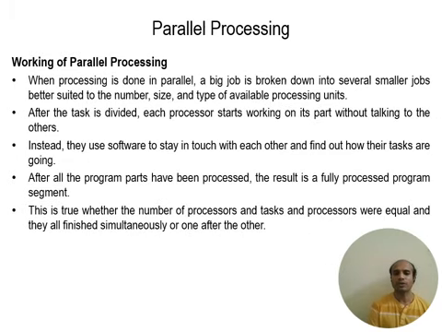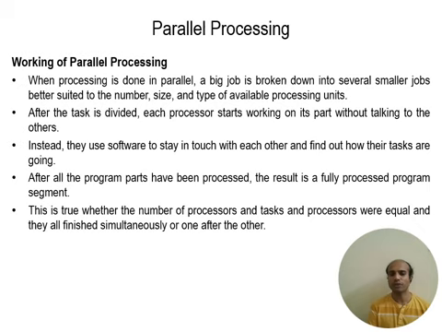So when processing is done in parallel, a big job is broken down into several smaller jobs, better suited to the number, size, and type of available processing units. After the task is divided, each processor starts working on its part without talking to the others.